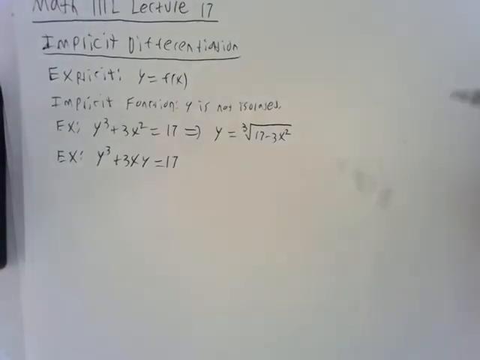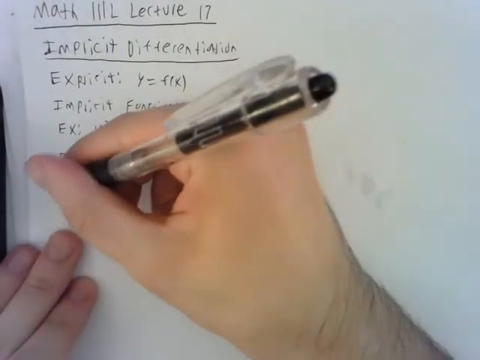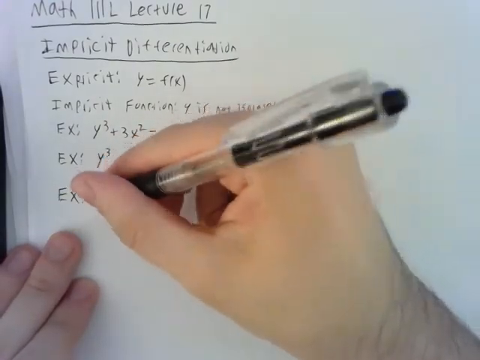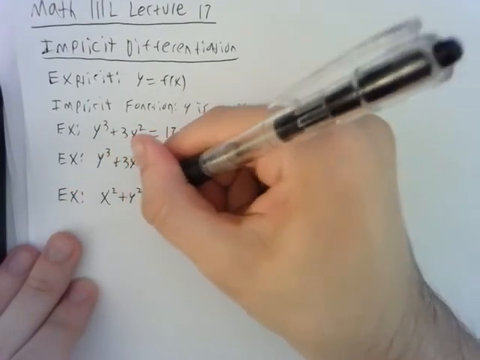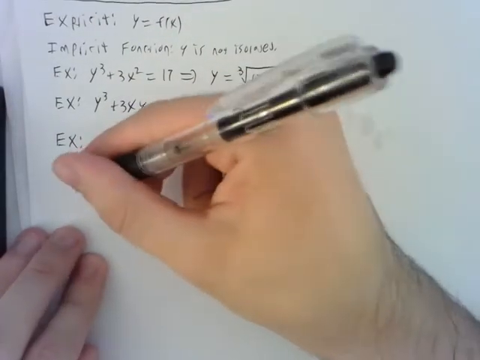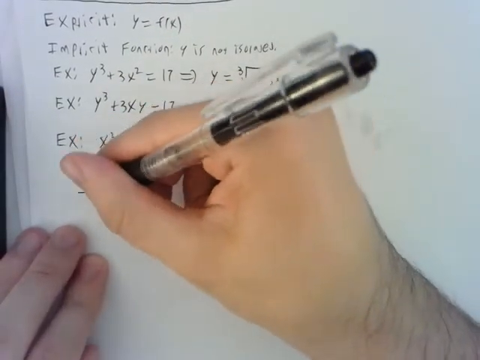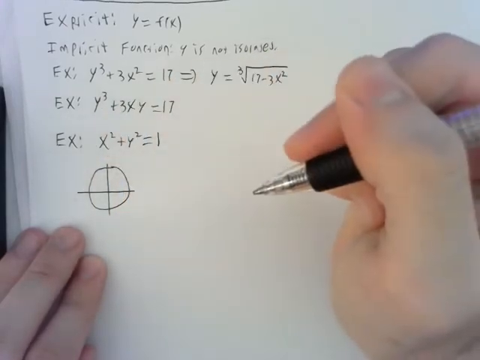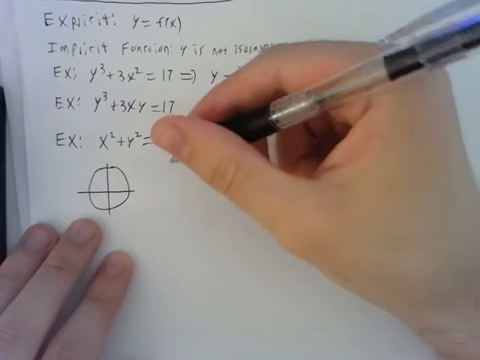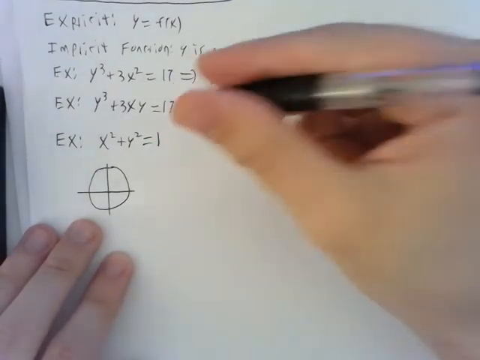So let's look at another example, which is the equation x squared plus y squared equals 1. As you probably know by this point, this is an equation for a unit circle. We can try to solve this and make it an explicit equation.